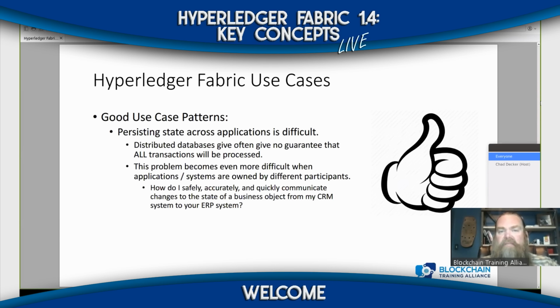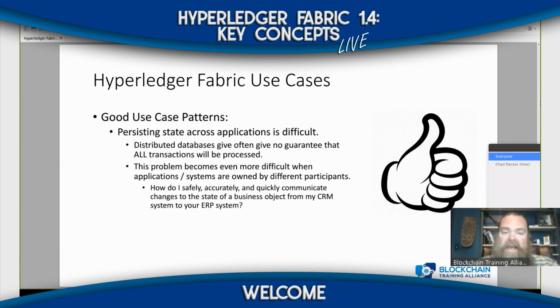And distributed databases oftentimes give you absolutely no guarantee that every single transaction will be processed. On many distributed database platforms, you are making the trade-off for performance that not every single transaction is going to get processed. Well, if we're talking about maintaining state, especially if that state is around critical business objects between two different applications which span multiple organizational boundaries, this idea that we may drop a transaction here and there is simply unacceptable.